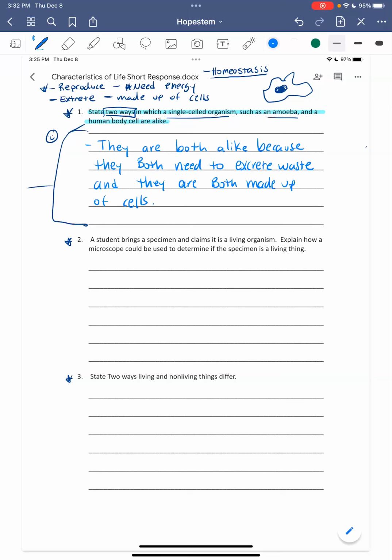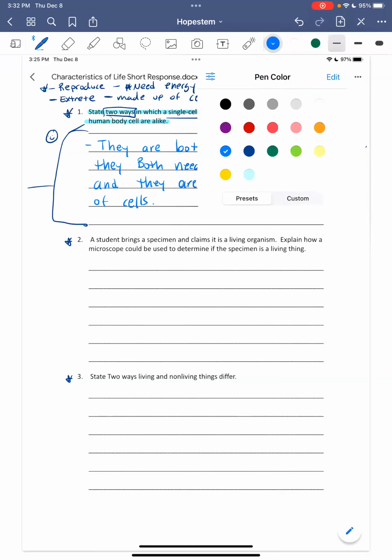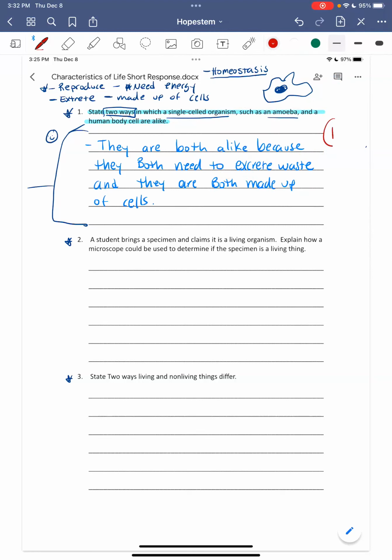That's it. That's all you need to put. And you will get the point.